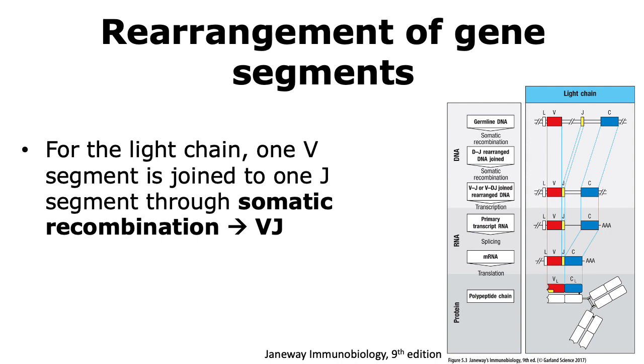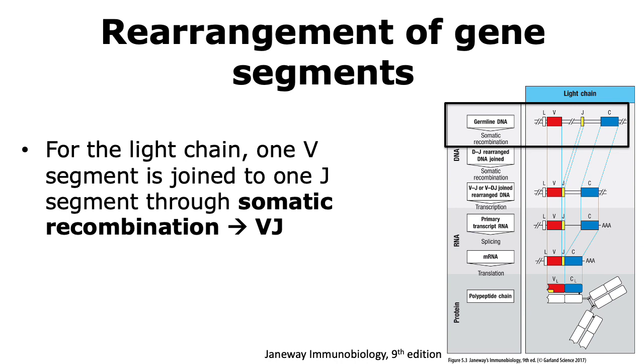a way that one V gene segment is joined to one J gene segment. This process is accomplished through DNA recombination, and since this happens in somatic cells, it's called somatic recombination. The specific name for this type of recombination is VJ recombination.